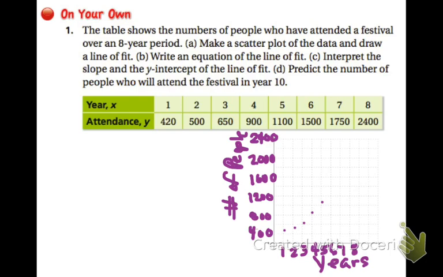Year 6 was 1,500. Year 7, 1,750. Year 8, you have the 2,400. Okay.